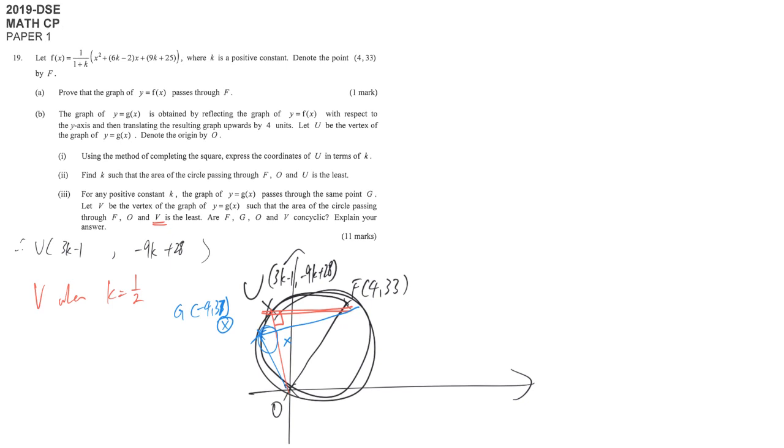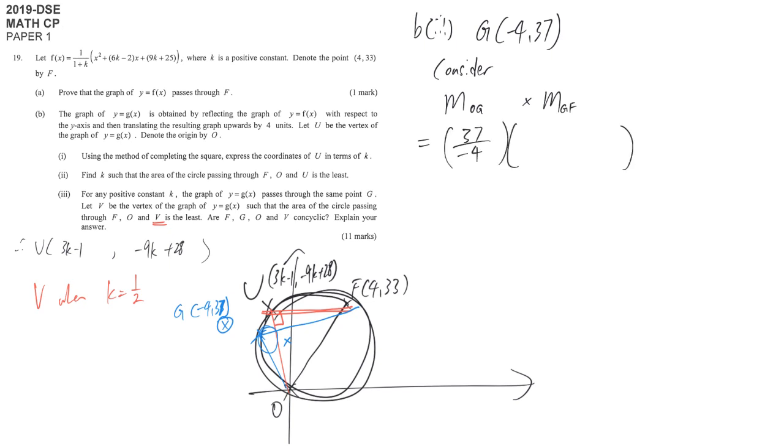So first, we write down our finding. You don't need to explain at all. You just simply write down G is (-4, 37). No step needs to be written down. Then we consider the product of two slopes. Consider the slope OG times the slope GF, which is equal to 37 over negative 4, and then for GF, we just compare these 2 points: (37 minus 33) over (negative 4 minus 4).